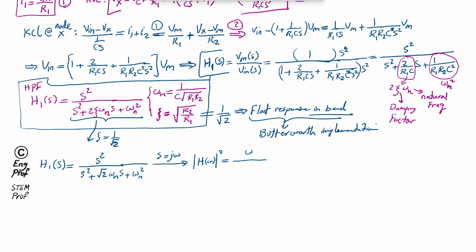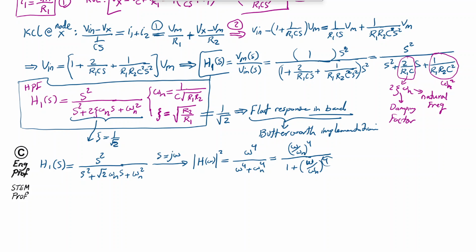So we have omega to the power 4 over omega to the power 4 plus omega n to the power 4, which becomes this by dividing both numerator and denominator by omega n, which is the standard definition of the Butterworth filter, but the high pass one.